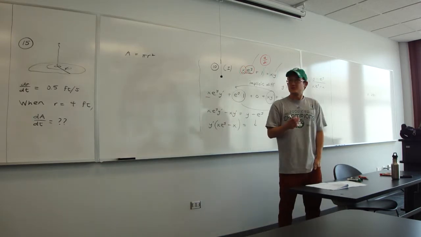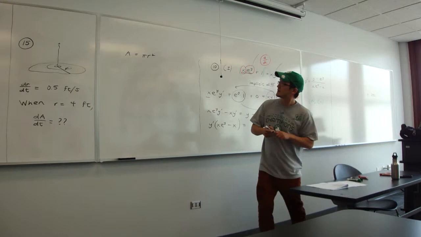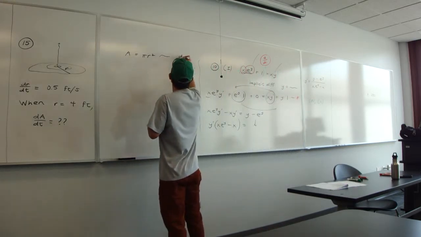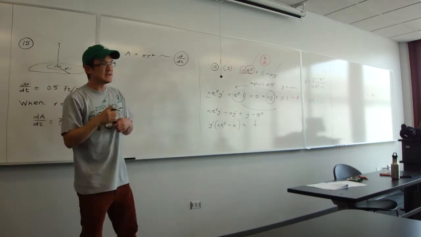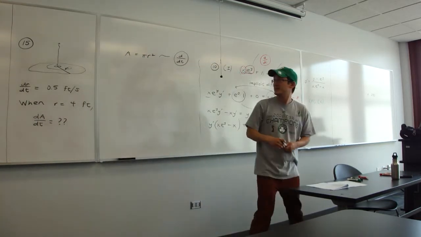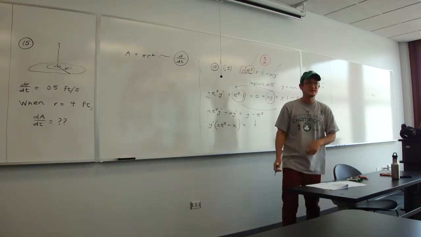So the place where these are different is we differentiate with respect to time. So time is your independent variable. So all of your derivatives look like this, right? d by dt, because your independent variable is time. So we're going to differentiate the left and then also the right with respect to t.